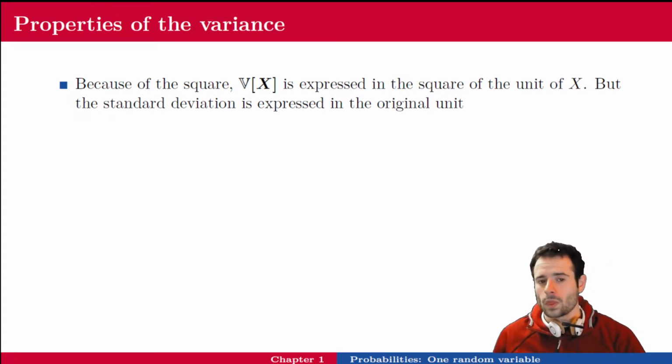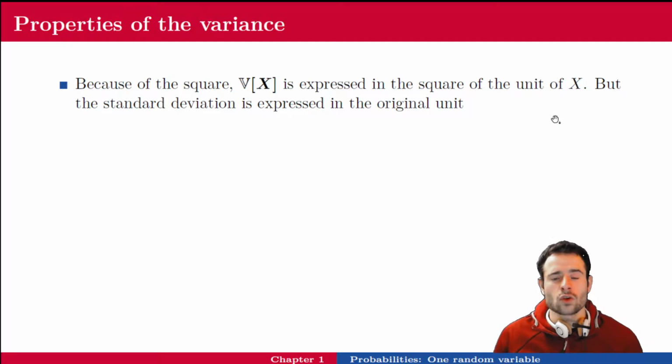But if I look at the variance of weight, it gives me a number which is equal to the square of the weight, which is not very convenient to use. And this is one of the reasons that we take the square root. By taking the square root, we take the square down, and the standard deviation is expressed in the original unit.